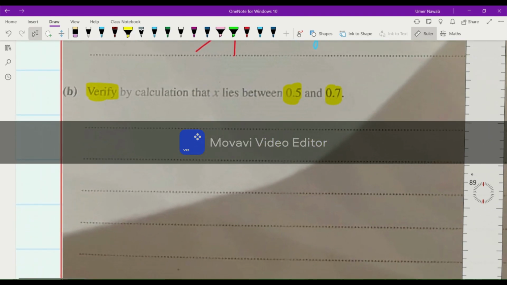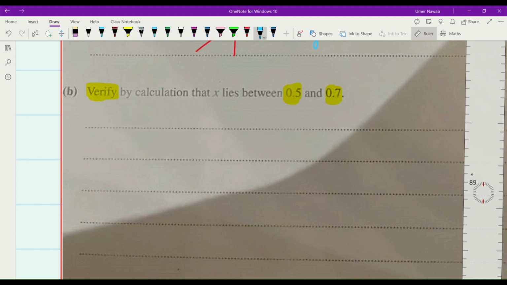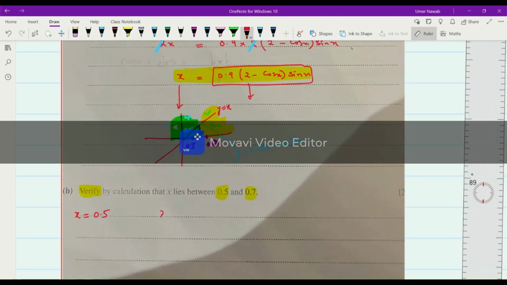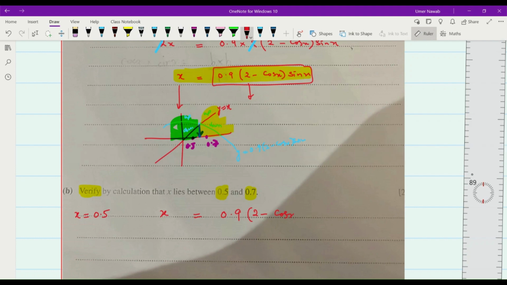So what you need to do in the exam, you just need to substitute 0.5 into the equation which you have derived. x is equal to 0.92 minus cosine of x and sine of x.